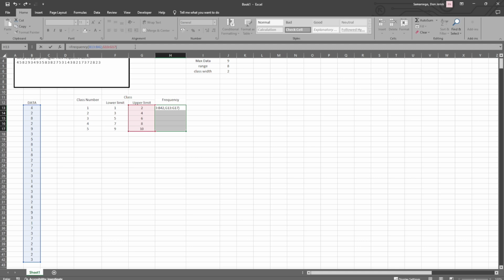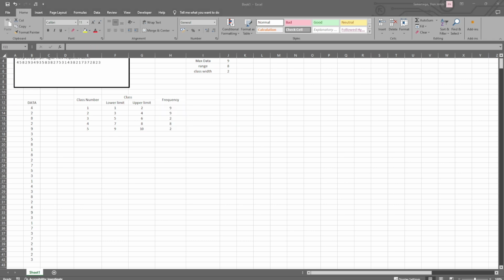And don't forget to press Ctrl+Shift+Enter. And don't forget the total frequency. Sum up the frequency.